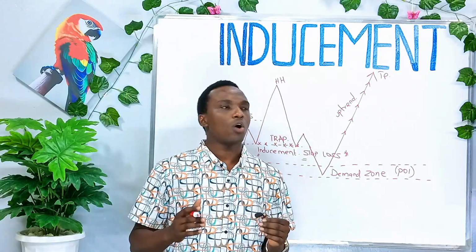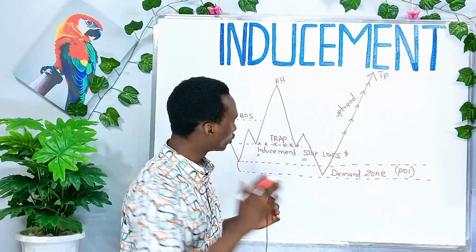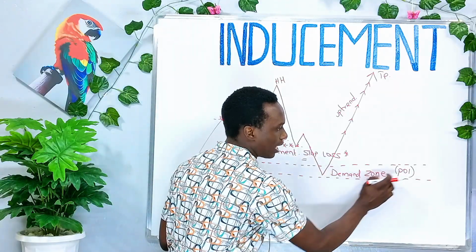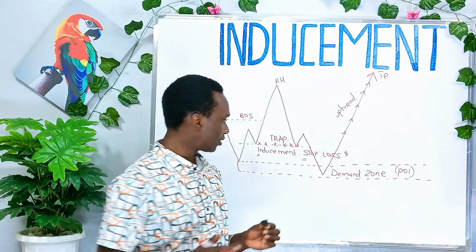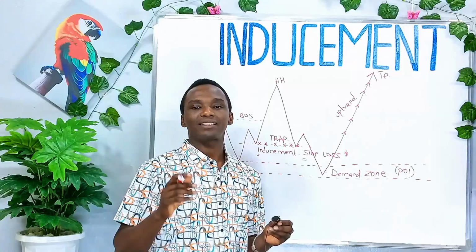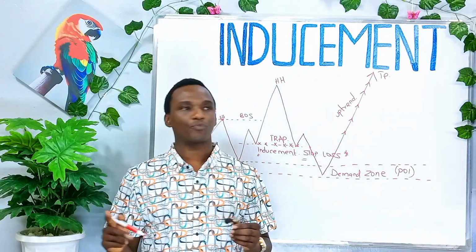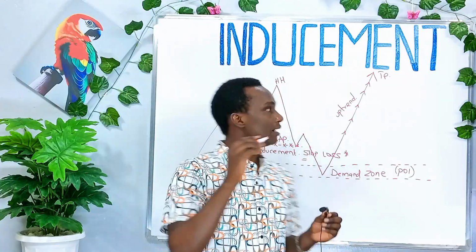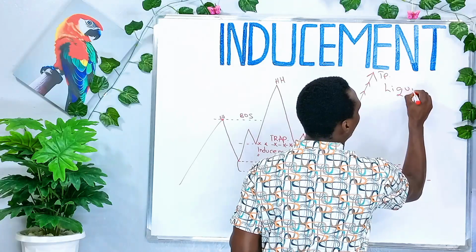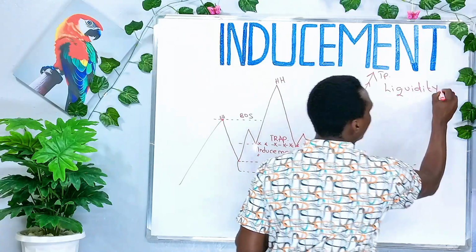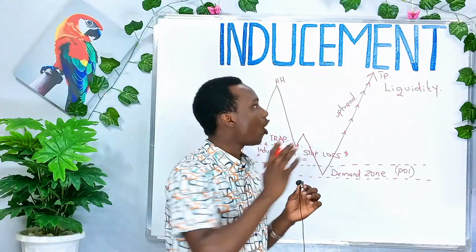All right. So, how exactly do you tell a true zone, which is a demand zone, a point of interest, from an inducement zone? Well, this comes down to two main things. First of all, it really depends on the concept called liquidity. Remember that this is a lesson we had discussed on its own.